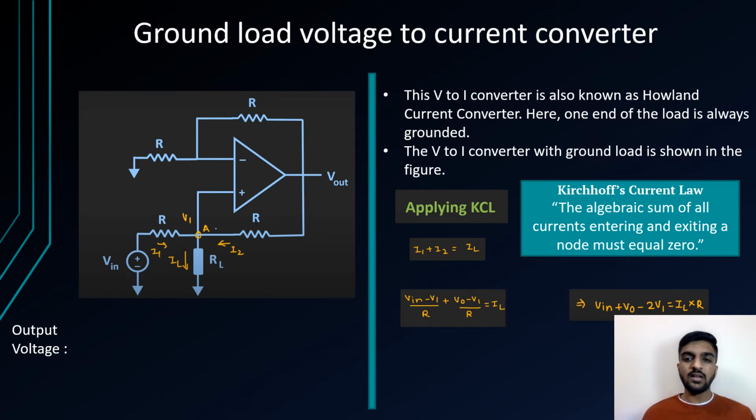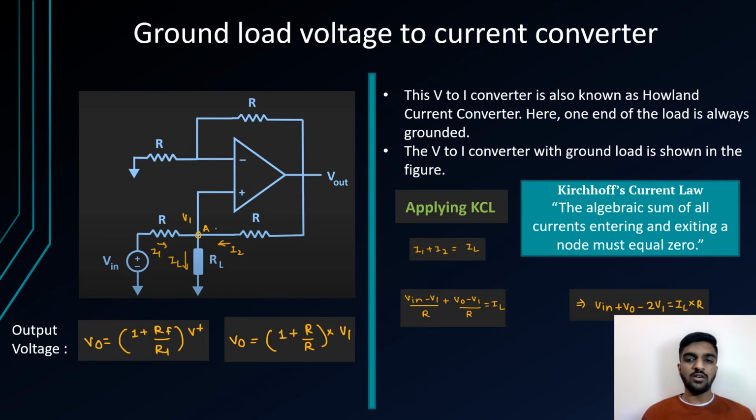As I told earlier, the amplification gain for a non-inverting amplifier is V0 by Vin is equal to 1 plus RF by Rin. That is what is given over here. We have just shifted the Vin to the other side to get the output voltage. V0 is the output voltage over here. Therefore, V0 is equal to 1 plus RF by R1 into V plus.